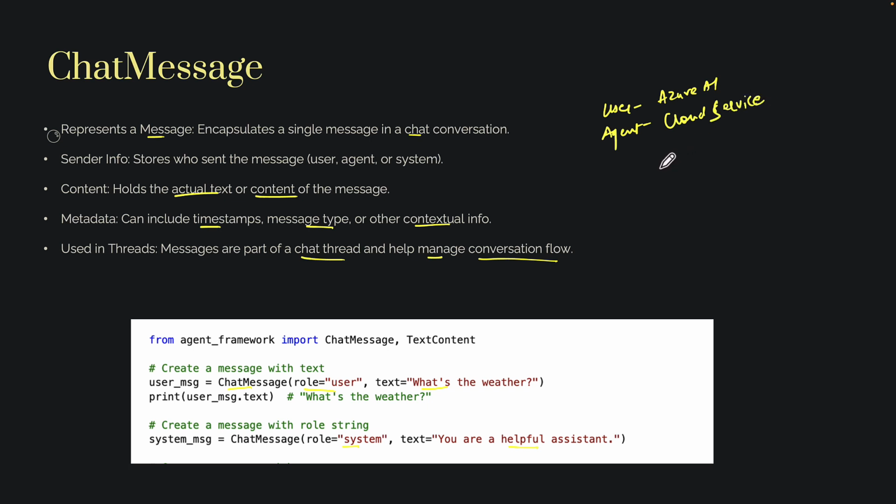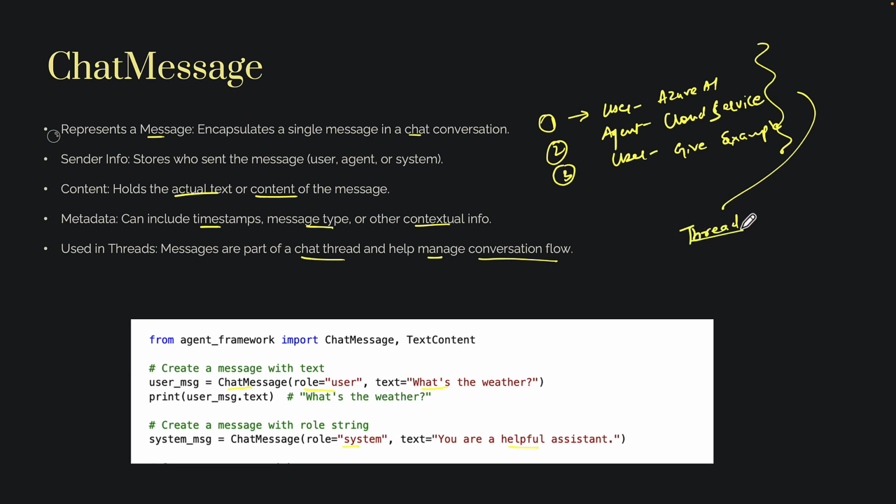And the user is saying, okay, give me an example. So this is a message, this is a second message, this is a third message. Each numbered line is a chat message, and together they form a thread, which is needed for our conversation.